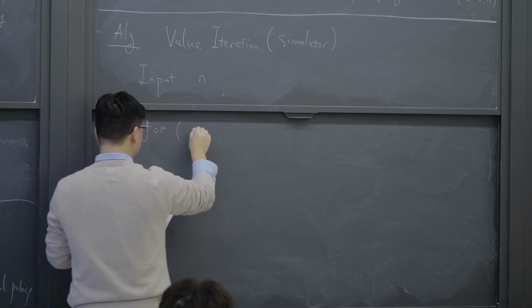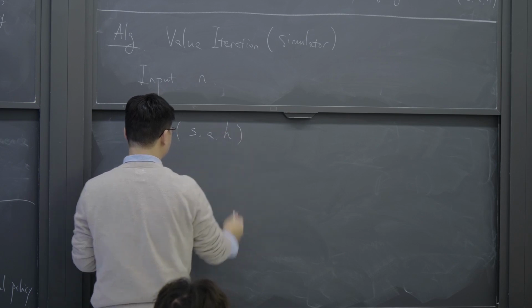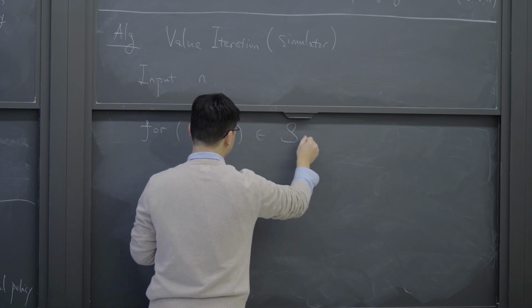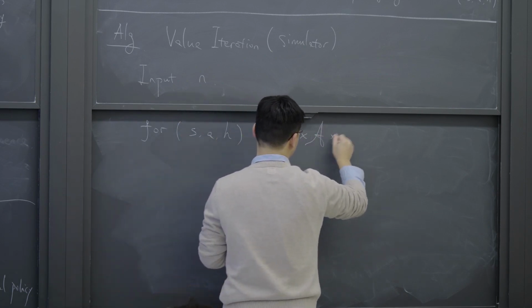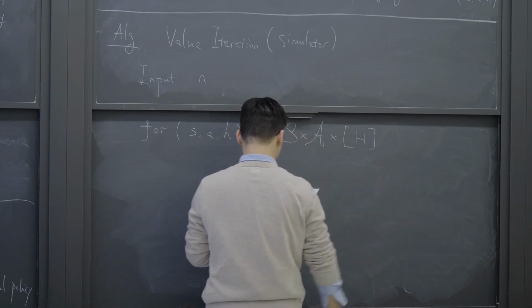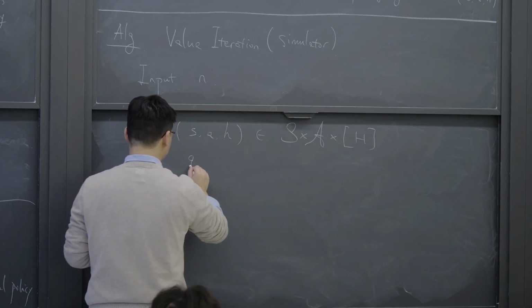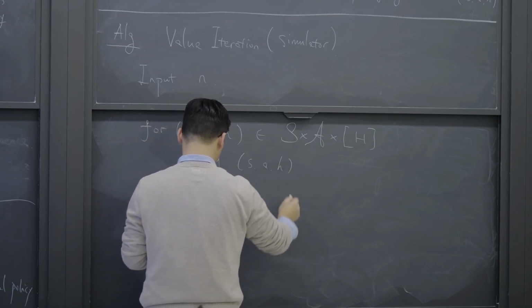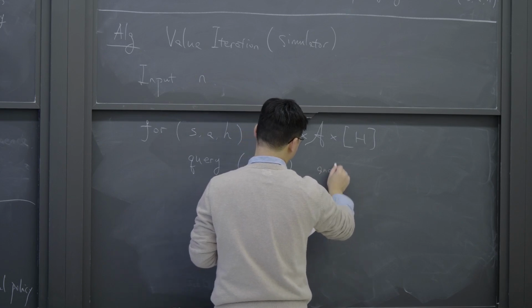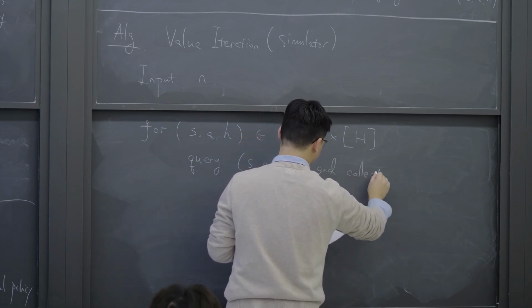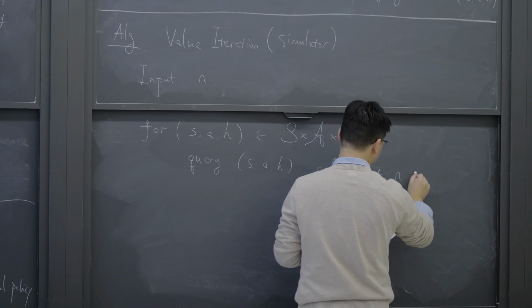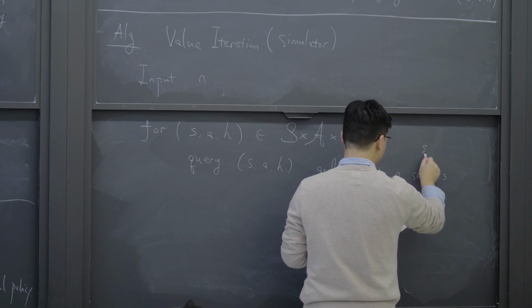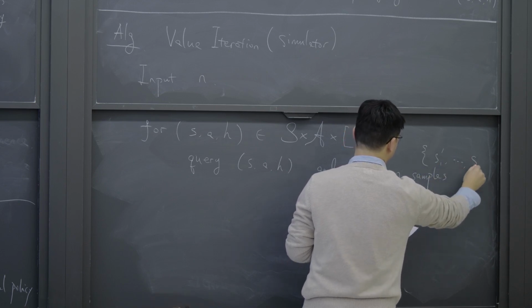For all state action h, essentially we do a sweep over all the state action pairs and for every step, we do the following: we will query (s, a, h) and collect n samples, that is s1' till sn'.